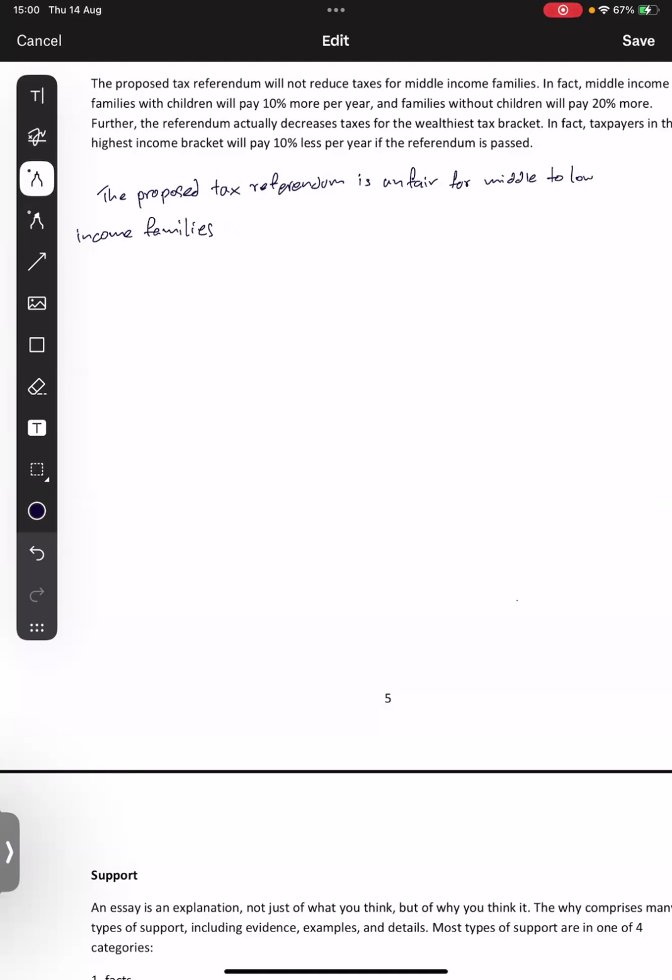The proposed tax referendum is unfair for middle to low income family. Why?